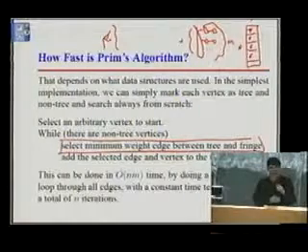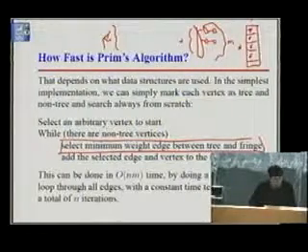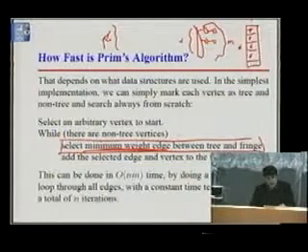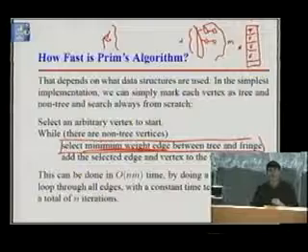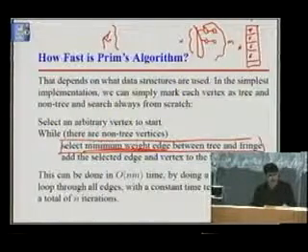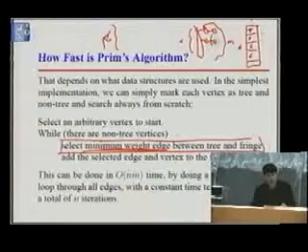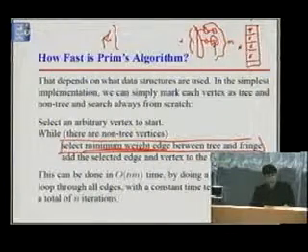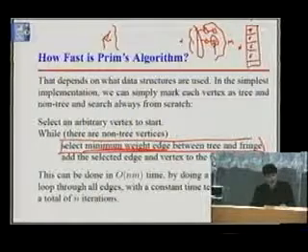Now, how will I find the cheapest, minimum weight edge between a vertex that is in the tree and one that is not? What am I going to do? I'm going to bop through this adjacency list. Bop, bop, bop, bop, bop. When I look at this, this is the ith list.